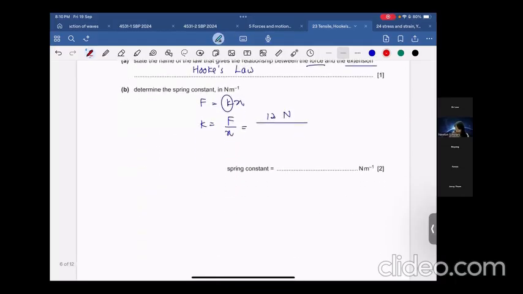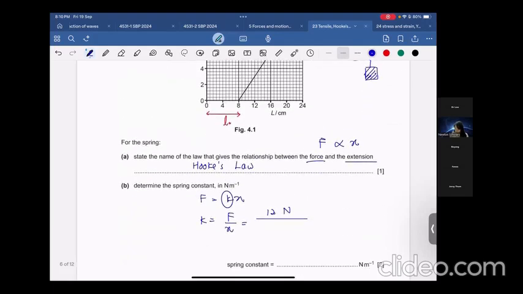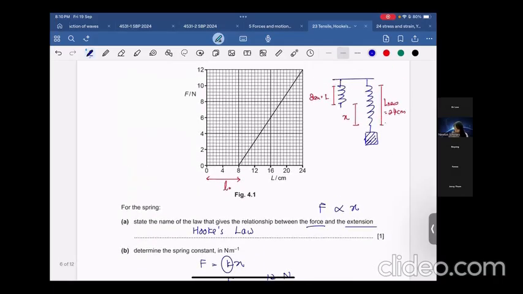24 minus 8. So you have to convert the 24 cm to m. So you will get 0.24 minus 0.08. This one is 0.24 m. This is 0.08 m. So make sure you do conversion correctly.